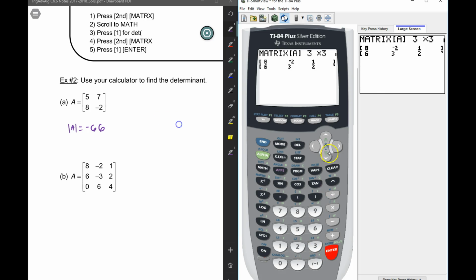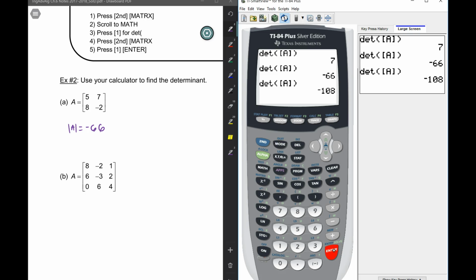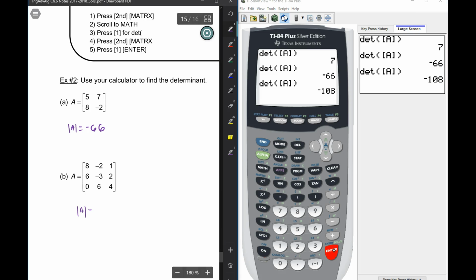This is a 2. 6, 4. I have a mistake in this one. That should be a negative 3. So I entered it. I go second quit. What was the last command? It was determinant of A. What do we need to do now? Determinant of A. So just press enter. And that's the determinant of the new A. Wow, that is crazy.